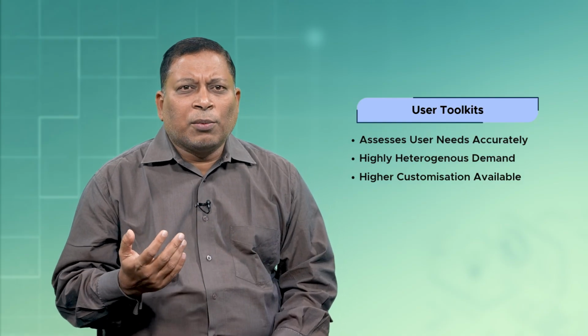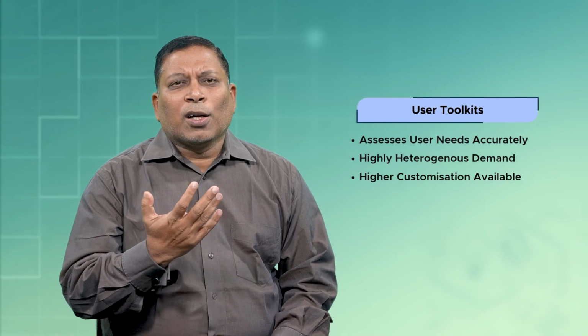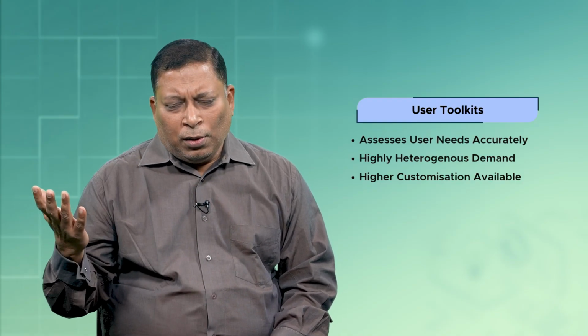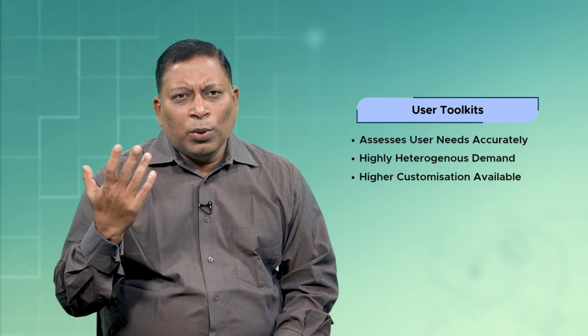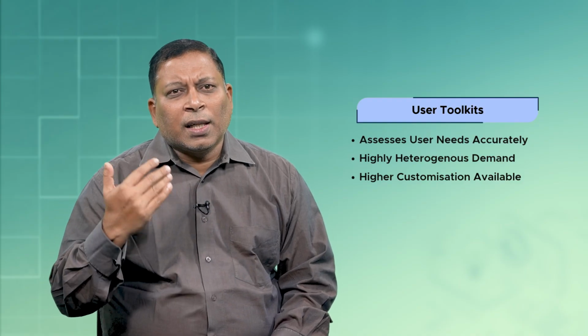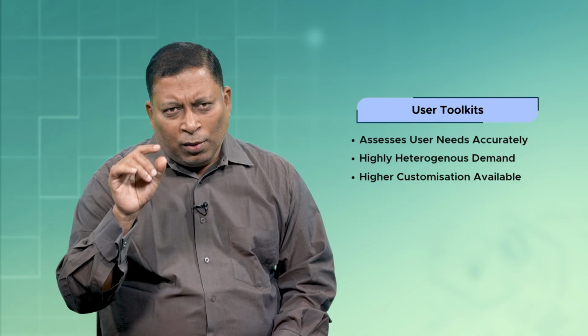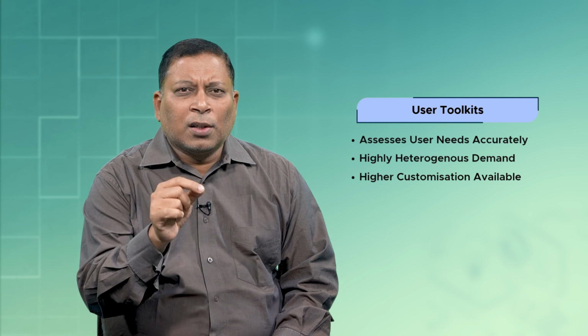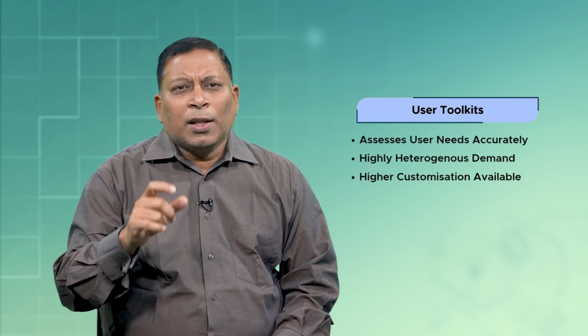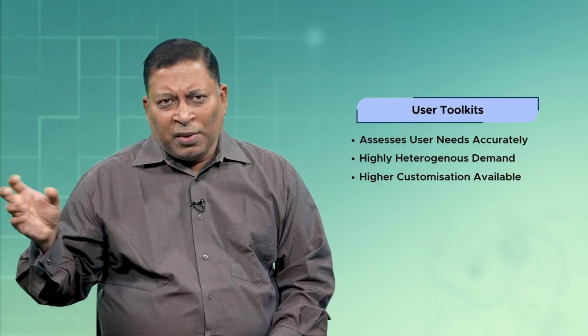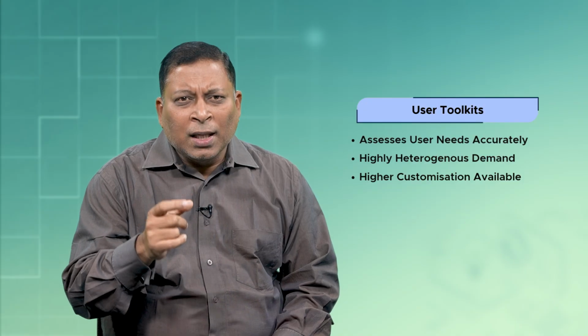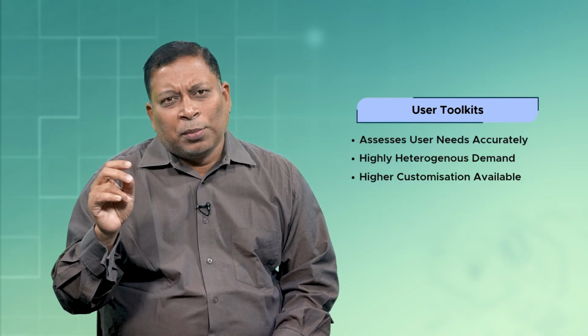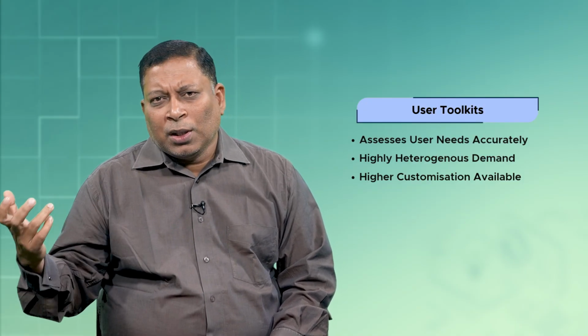Think of the color shade of a pen company. The toolkit is the shade card. That shade card helps you identify the specific color you need. The company cannot produce so many different varieties, so based on your choice, they will mix the original base colors and come up with a specific color.